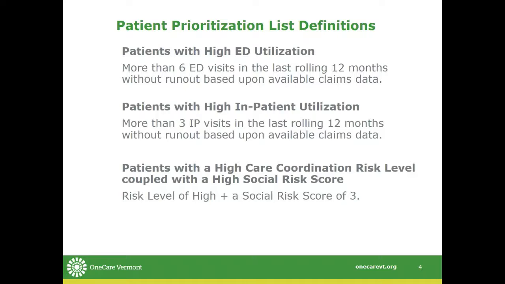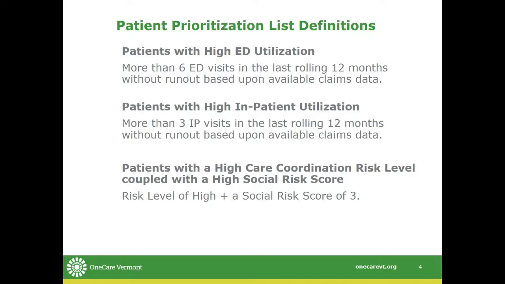So what you see on this slide essentially is definitions of the 3 views that we currently have available to support those. You can see the high ED utilization is defined as more than 6 ED visits in the last rolling 12 months, and that will include available claims data, which will continually be updated.